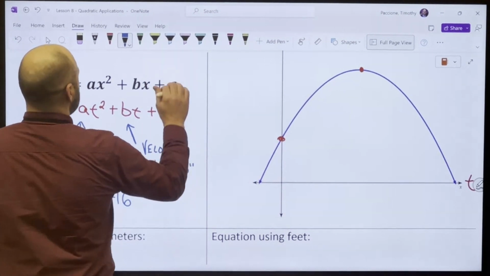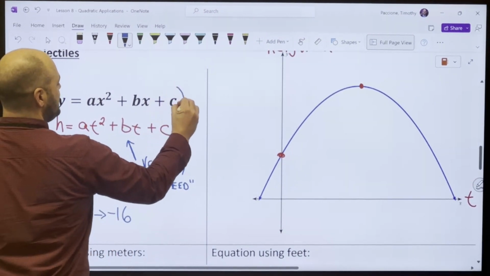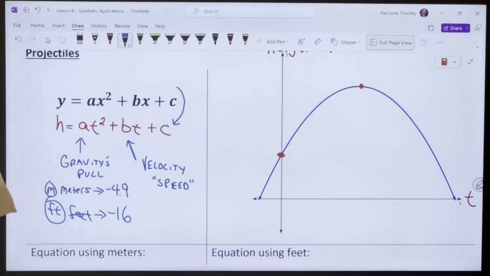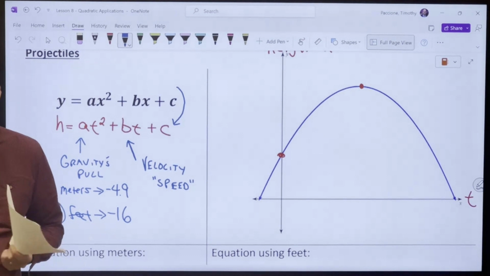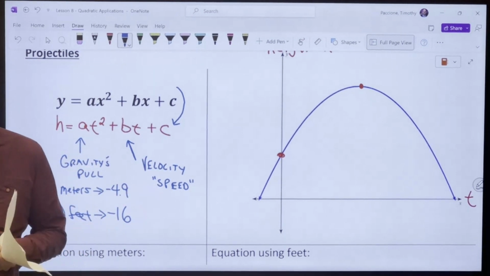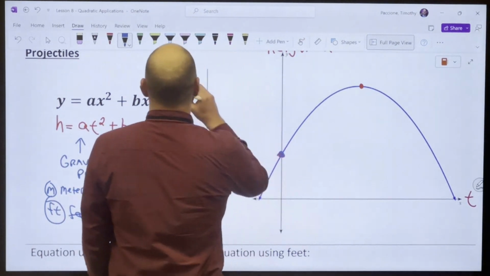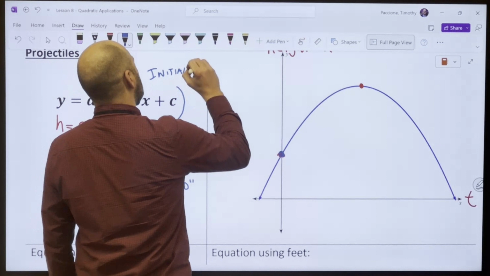Because I like physics, and I don't get to teach it very often. All right. So, what about our c value? What's our c usually? Y-intercept. So what is that in this case? Starting height. Yeah, this is our initial height.